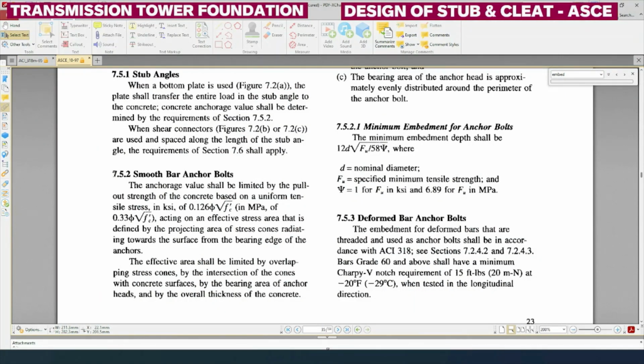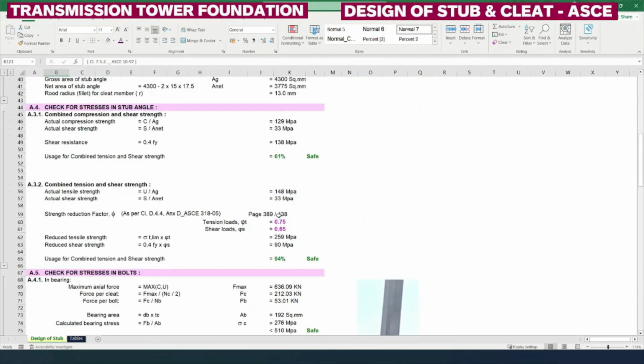Here you can see in the screen the PDF file of ASCE 10-97. In that clause 7.5.2 it is mentioned that, in megapascal, we need to consider the pull out strength as 0.335 root of fc. Here fc we can consider as 25 megapascal, which is already given as an input here.